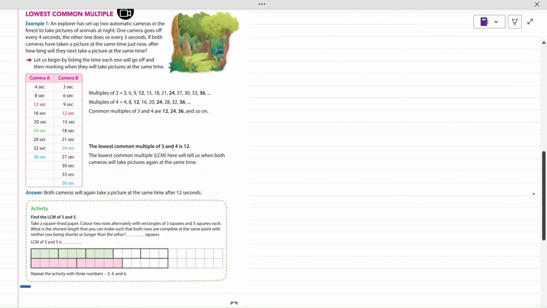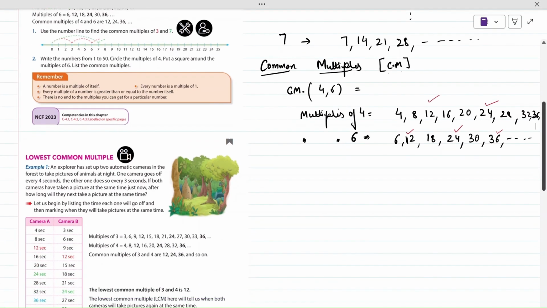So all the numbers marked in red are the common multiples of 4 and 6. We can write that the common multiples of 4 and 6 are 12, 24, 36 and so on.